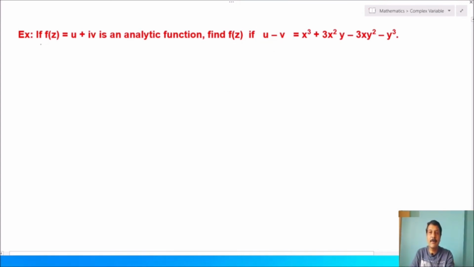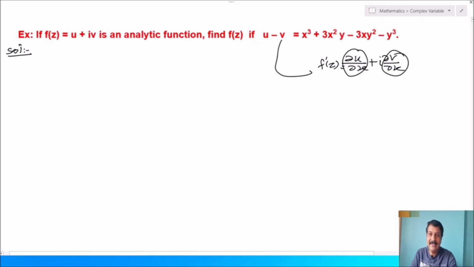So such type of equations we can solve by again the same thing, that is, f dash of z equal to del u by del x plus i del v by del x. So you find both values by this relation. So how to find values of this del u by del x and del v by del x? By given relation. So let's see.